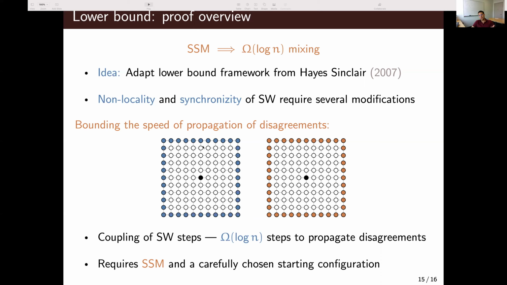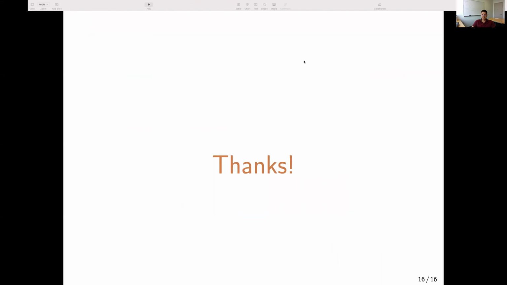The Swendsen-Wang in one move can potentially propagate the disagreements all the way from the boundary to the center. So we find a coupling that actually manages to avoid this. And for that, we need to use the SSM property, right? The SSM is actually not needed in the Hayes-Sinclair framework. And we also need to pick the starting configuration quite carefully so that we can control the spread of this element on the Swendsen-Wang dynamics. Okay? That's it. Thank you.